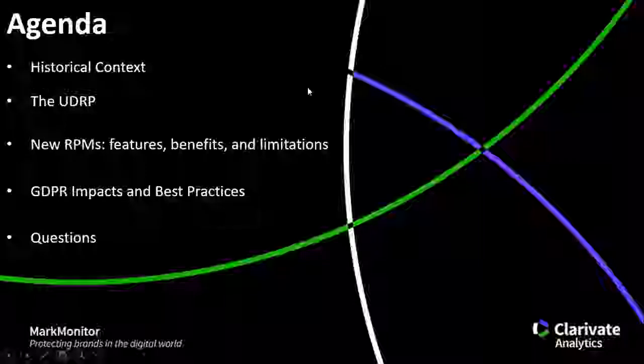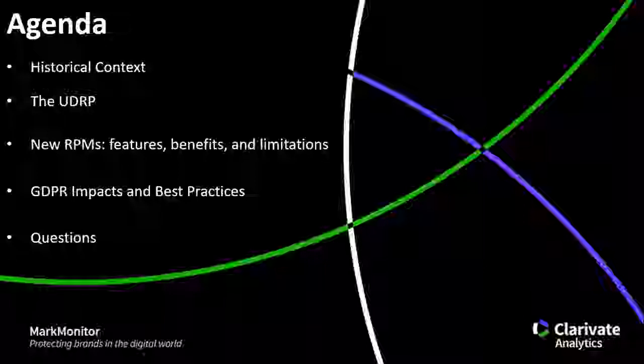So our agenda today is a historical context first on what rights protection mechanisms were available and used before the UDRP and new gTLDs came into effect. Doug will talk a great deal about the UDRP, current state of the art and trends in UDRP cases, and we'll cover then new rights protection mechanisms.